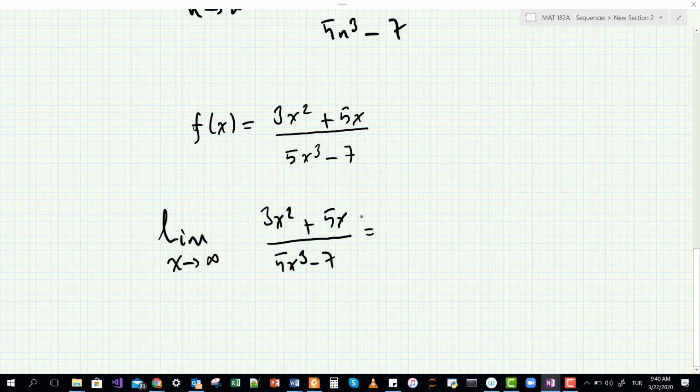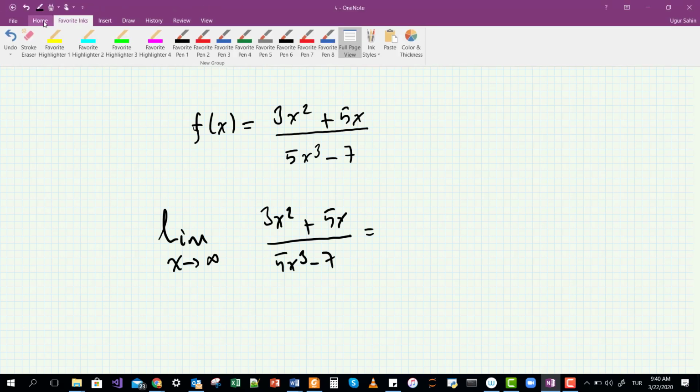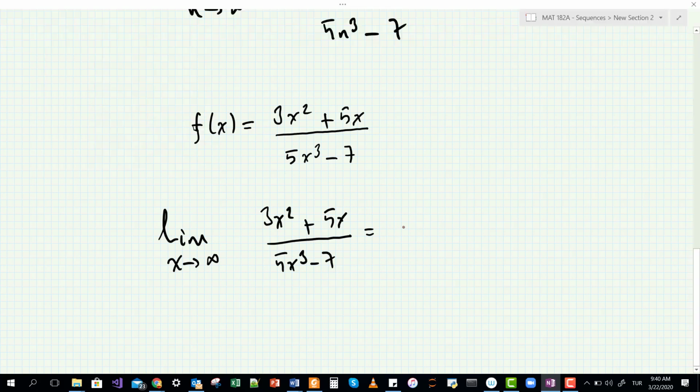Let me try to take the limit of this function. If you look at the numerator, when x goes to infinity, 3x squared plus 5x will go to infinity. And the bottom part will do the same as well. So infinity over infinity.